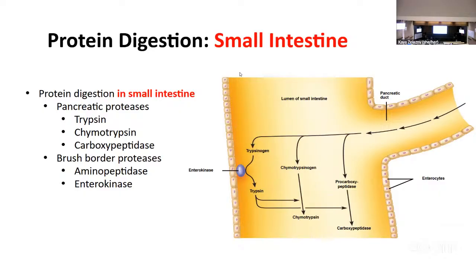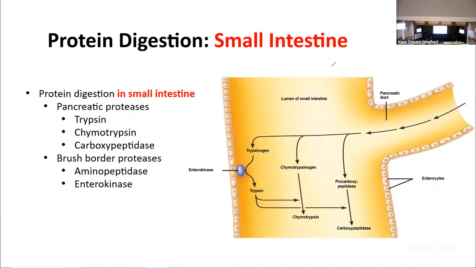And also coming into the duodenum, we have our ducts. So you're going to have the pancreatic duct, and also our common bile duct is going to be coming in here, but we don't need to think about that one for proteins. We're going to be focusing on the pancreatic duct for right now. So we've got our partially digested protein, and our pancreatic juice coming in through this pancreatic duct, carrying all its enzymes.